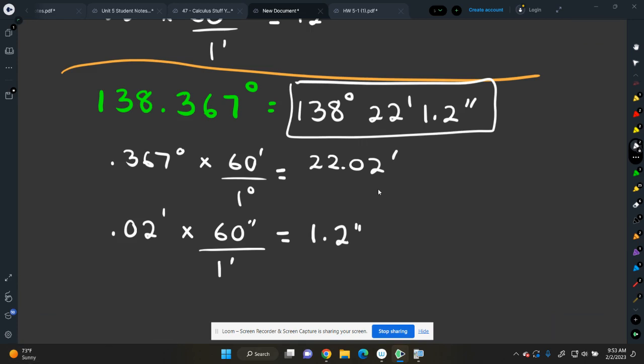Okay, so I got 138 degrees, 22 minutes, 1.2 seconds. Right? So your seconds can be in decimal.